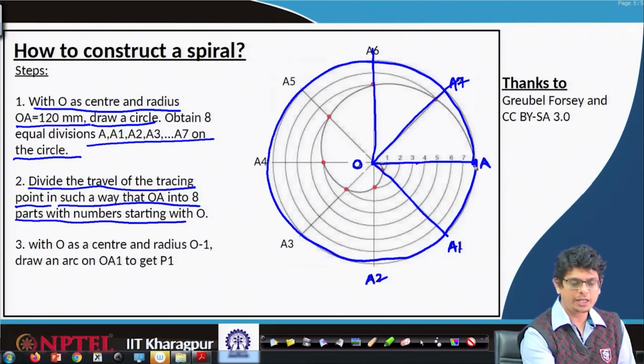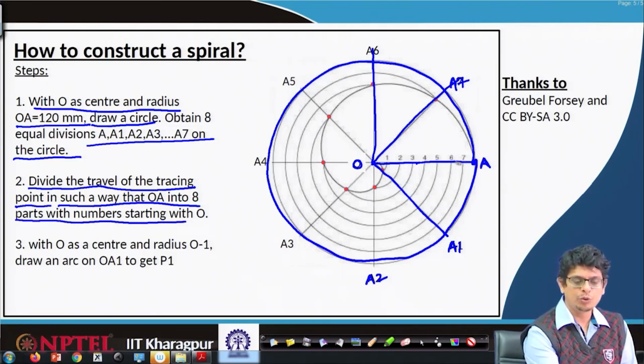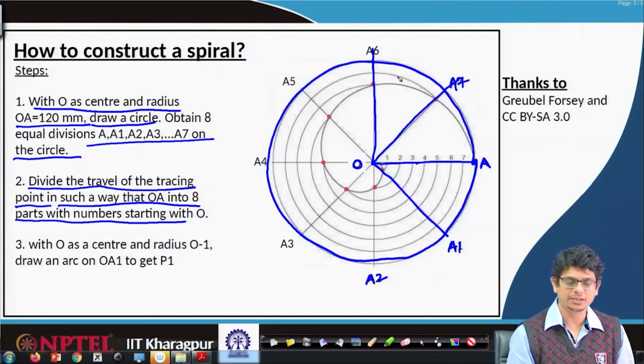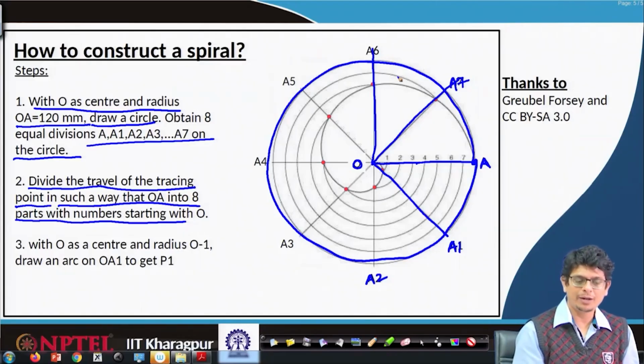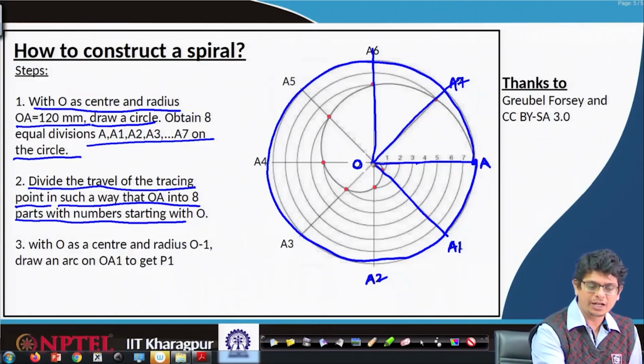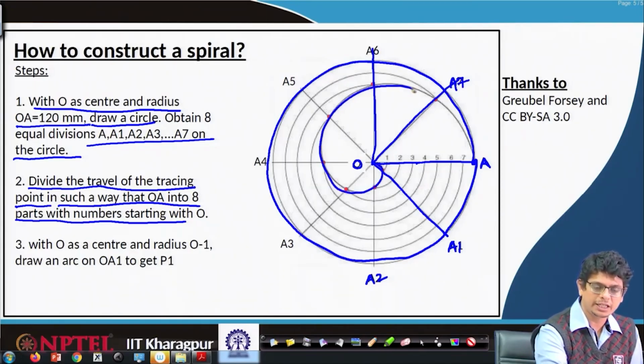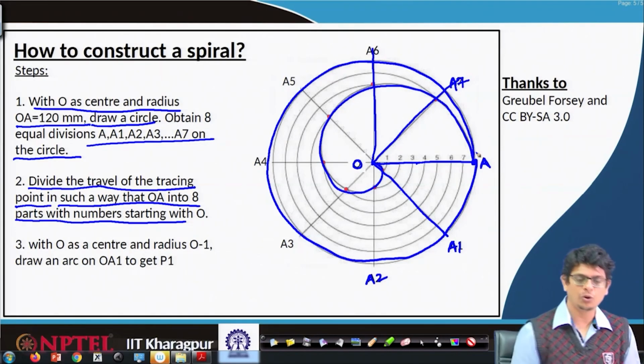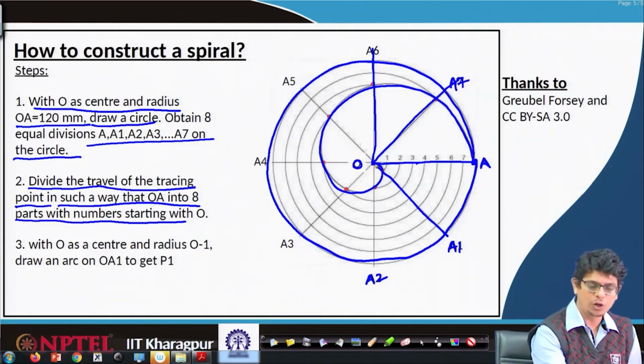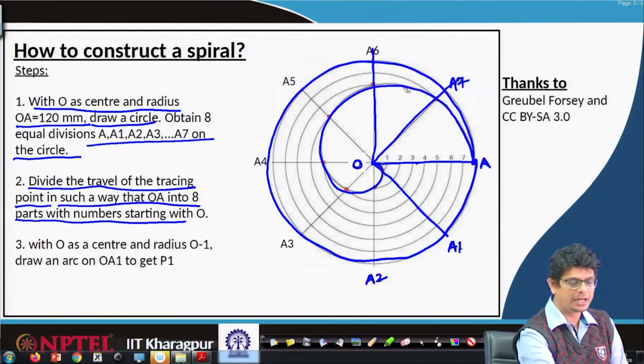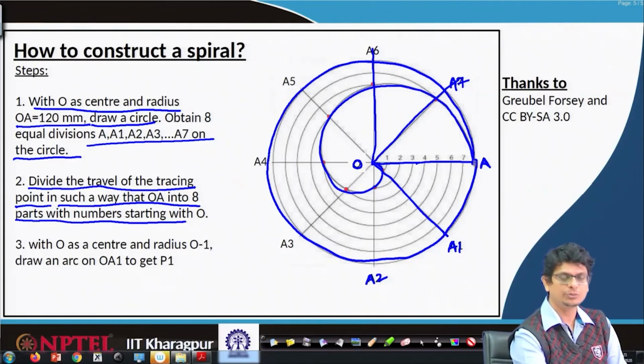So, either the point A is moving inside or the point O is going outwards, whatever it might be. End of the day, for one revolution, this entire spiral covers 360 degrees. It begins at O, goes in the angular velocity direction, radially out, and finally comes to A.